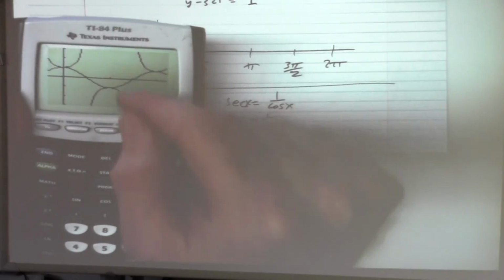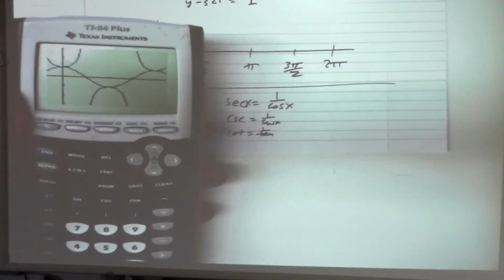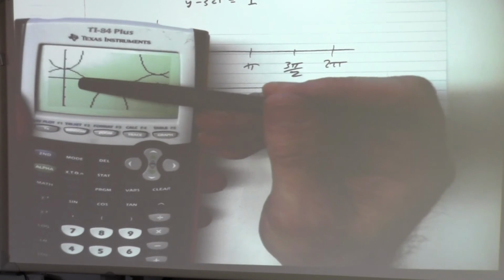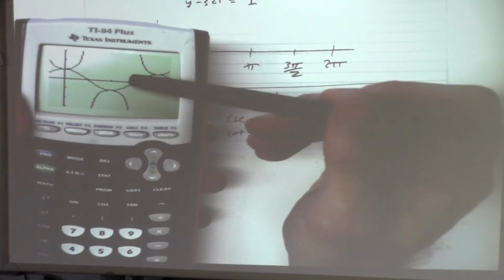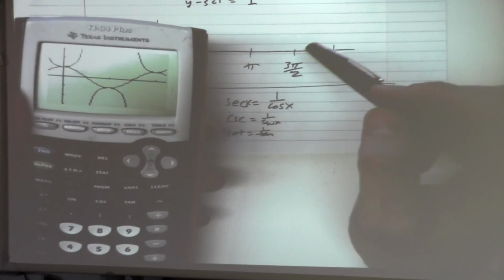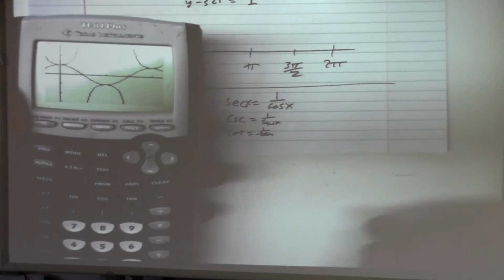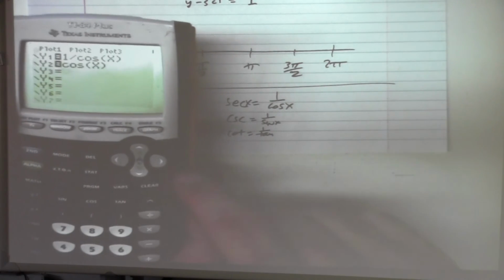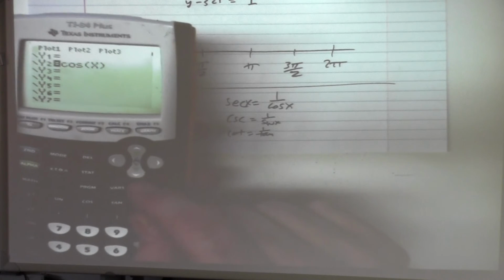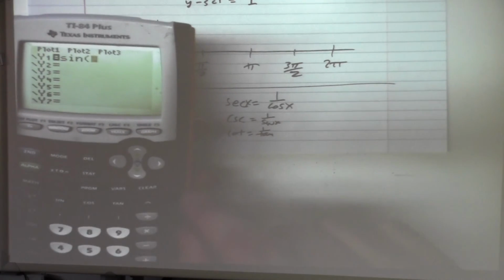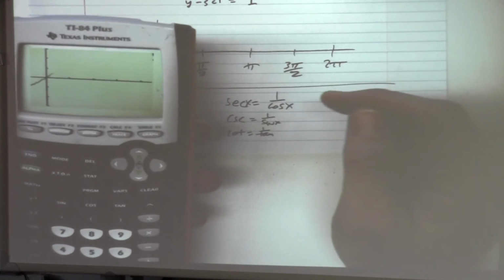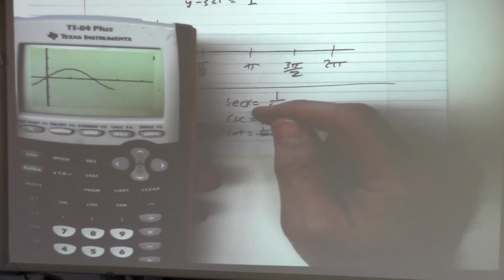And you have to sometimes figure out what the asymptotes are, which are pretty easy because it's the zeros that the cosine curve crosses over. Now let's clear both of these. I'm going to put the sine curve back up. There's the basic sine curve.